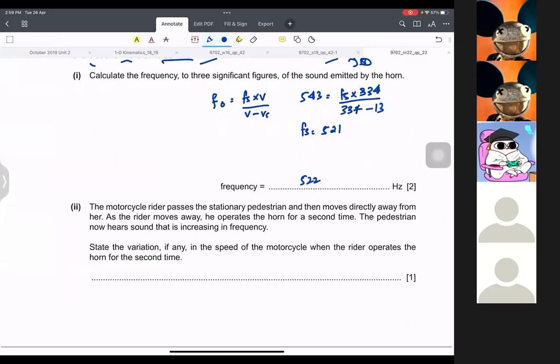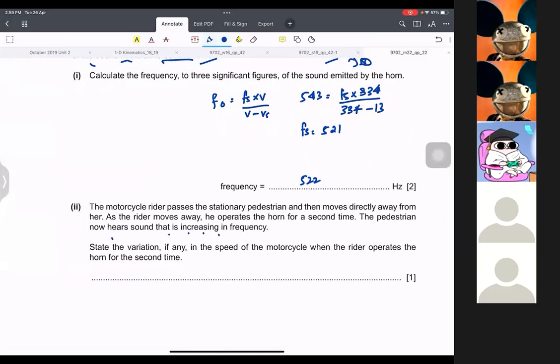The motorcycle rider passes the stationary pedestrian and moves directly away from her. As he moves away, he operates the horn for a second time. The pedestrian now hears the sound that is increasing in frequency. State the speed of the motorcycle when the rider operates the horn for the second time.